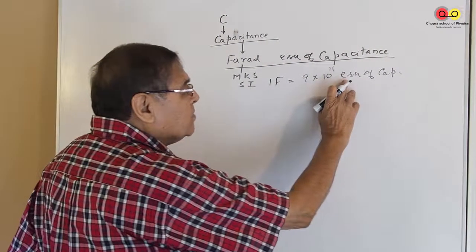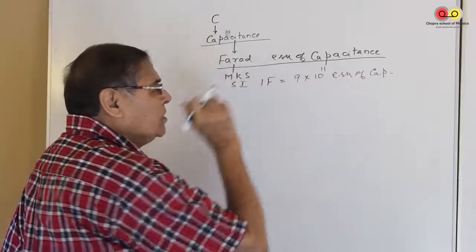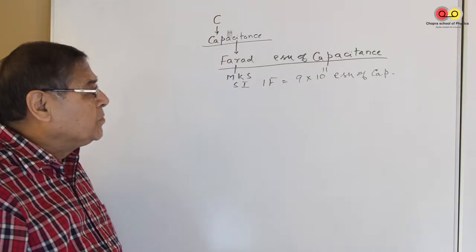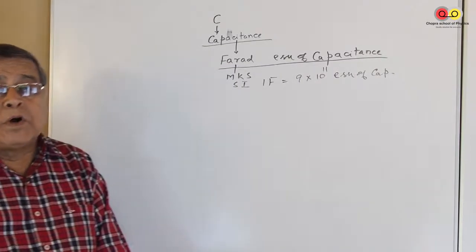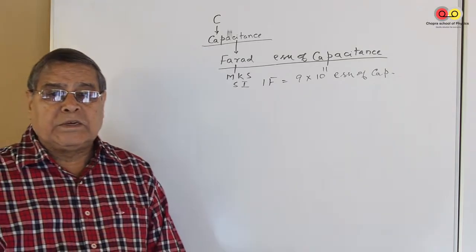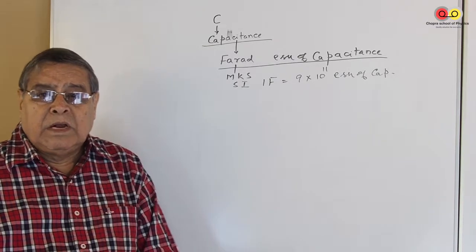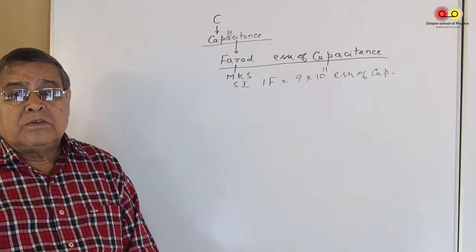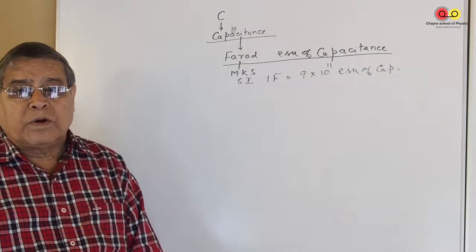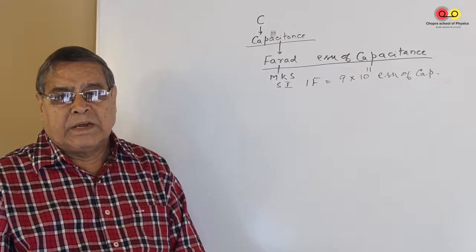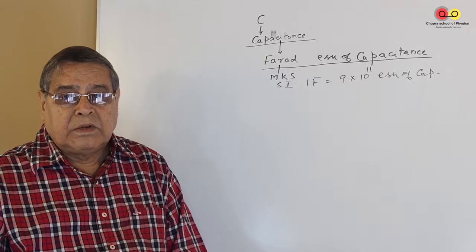Now, better is to express 1 ESU of capacitance in terms of farad. In the numerical aptitude, in MCQs, it's very important to convert a unit. Once a question appears in the examination, first of all, always check whether units are consistent or not. If they are not, you have to convert them and then start the question.